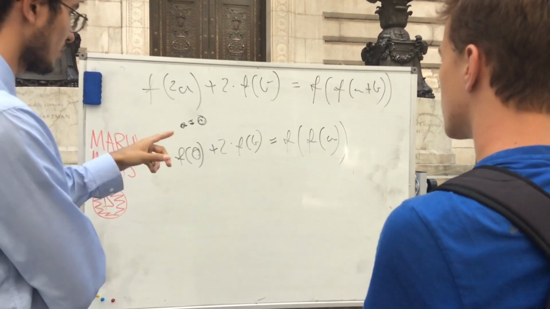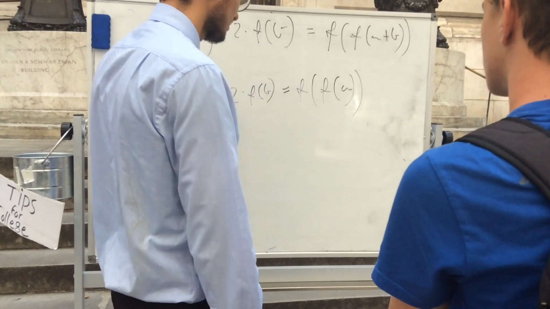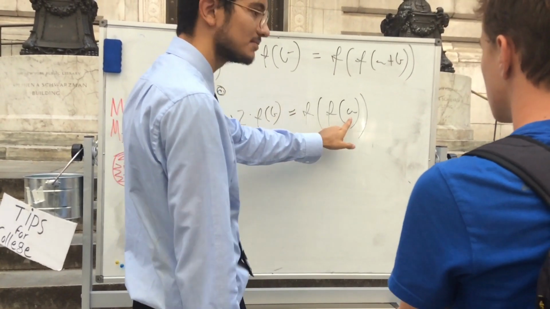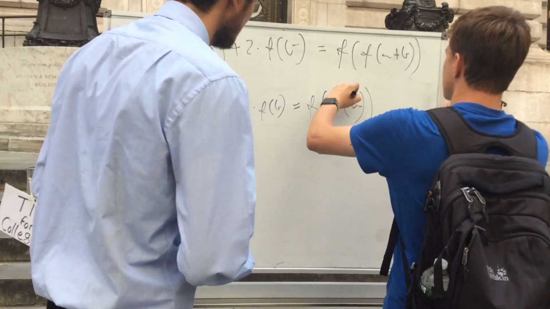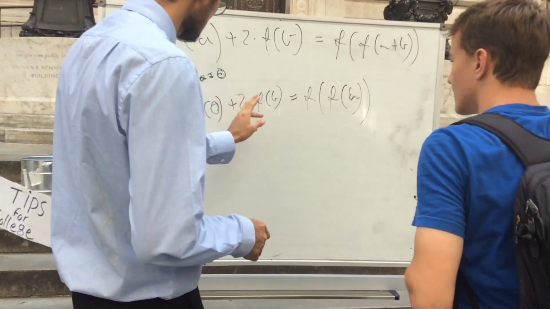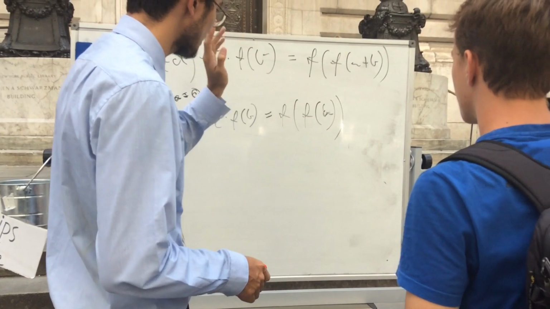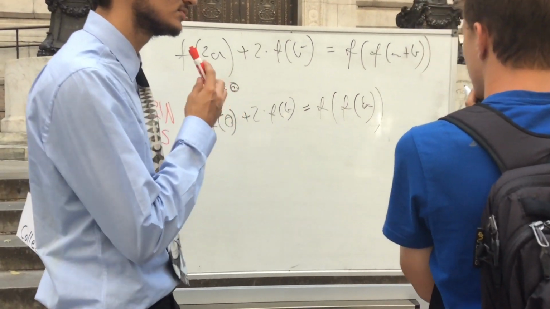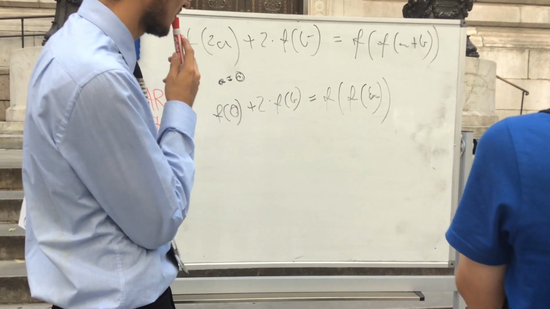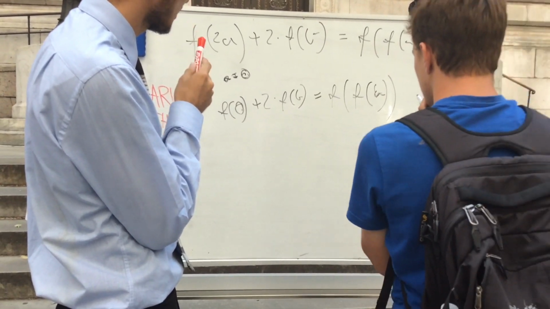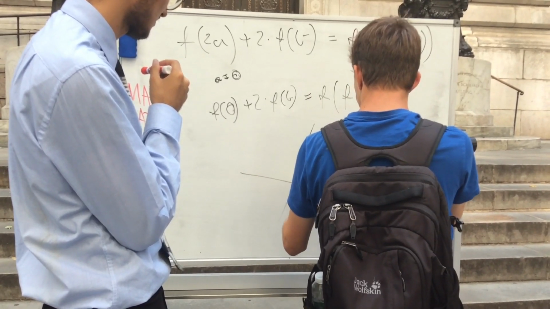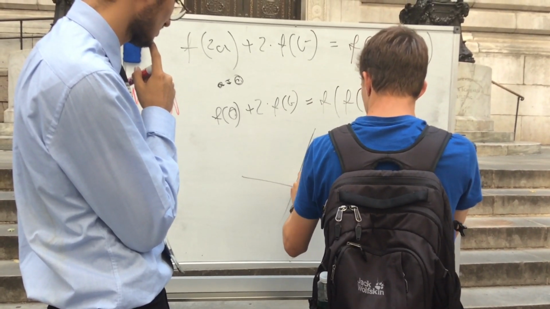It's a common idea when you are trying to solve equations. So if we suppose a is equal to 0, this is f of b plus 2 times f of b equals f of b. You have this when you're trying to graph it. You move it from here to here.